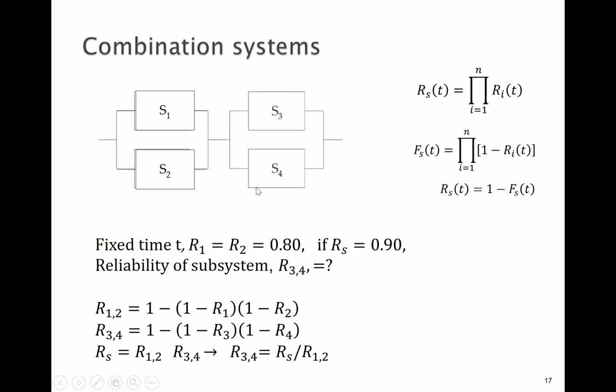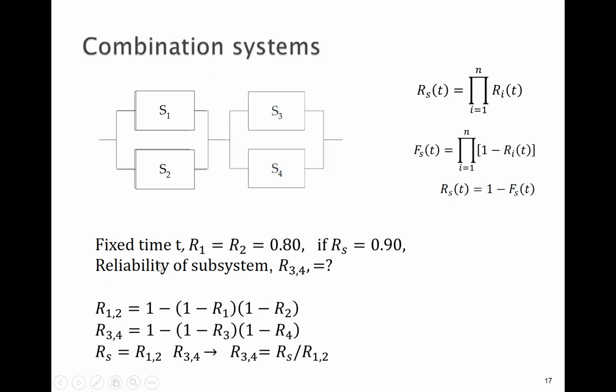So then we can determine the reliability of the system, or if the overall reliability is given, we can estimate the reliability of any subsystem or subsystem pairs. Here, at a fixed time T, the reliability of system 1 and 2 is 0.8, and the system reliability is 0.9. Then we can determine the reliability of the subsystem S3 and S4 together.